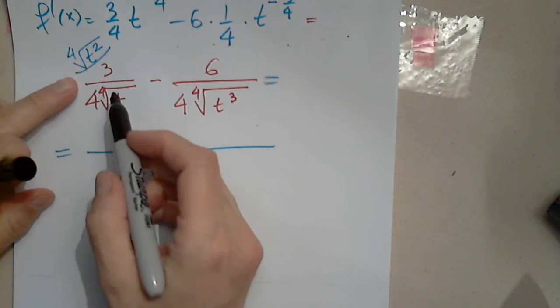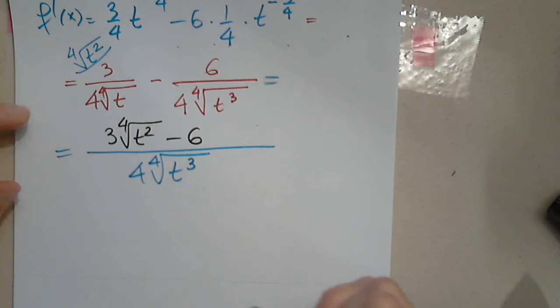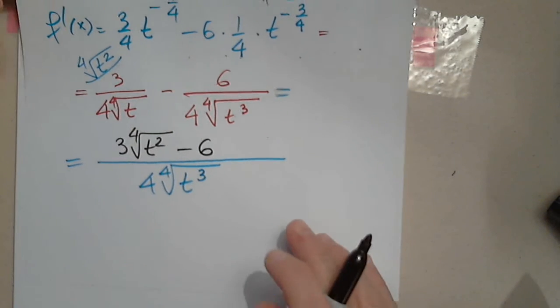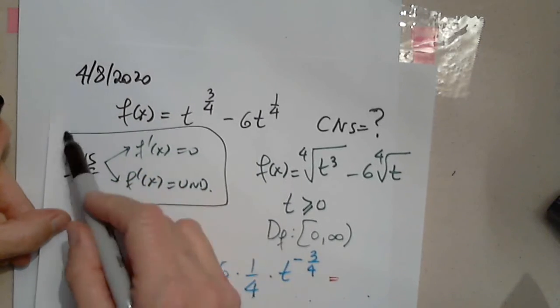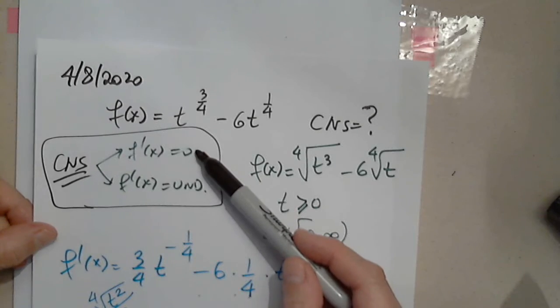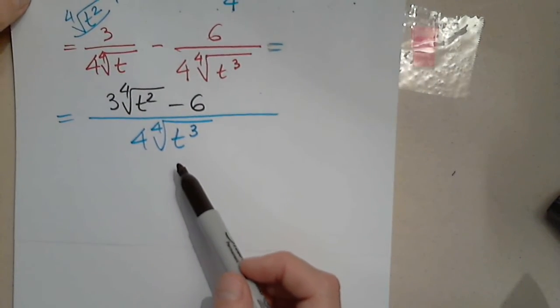Perfect. So then I have 3 times the 4th root of t squared minus 6. Now I'm looking at critical numbers. I set it equal to 0 and I see whether it's undefined. Is this ever undefined?